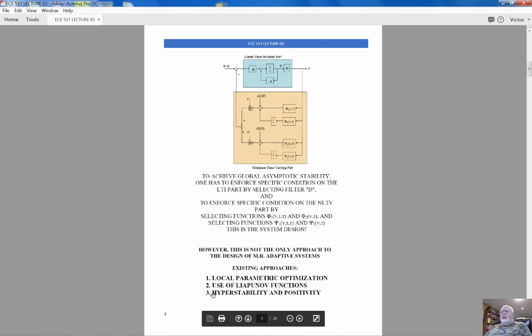And then there is an approach known as hyperstability and positivity. What's good about all three approaches, and what is my responsibility with respect to all three approaches, I will show you problems that could be practically solved by any successful student in this class.